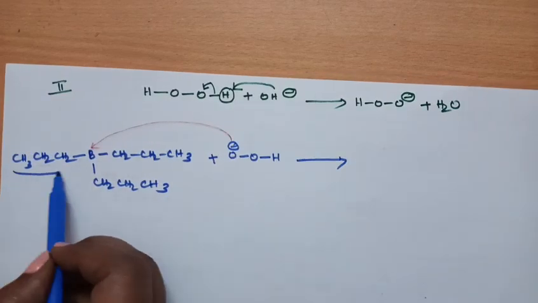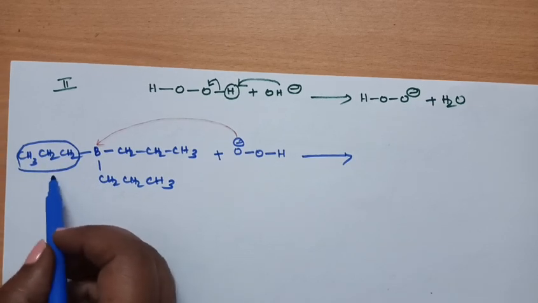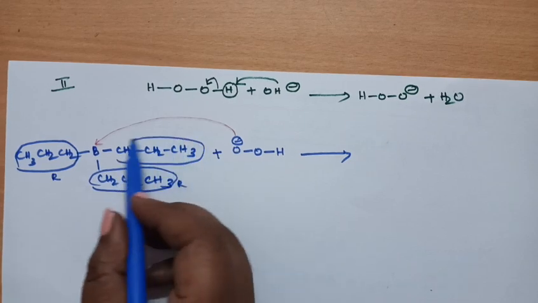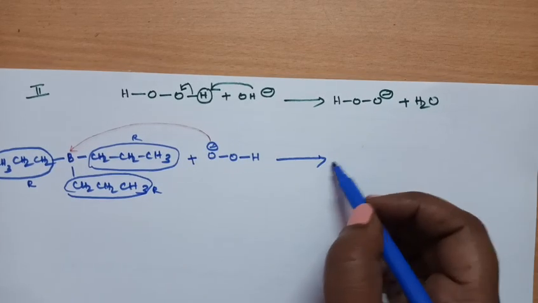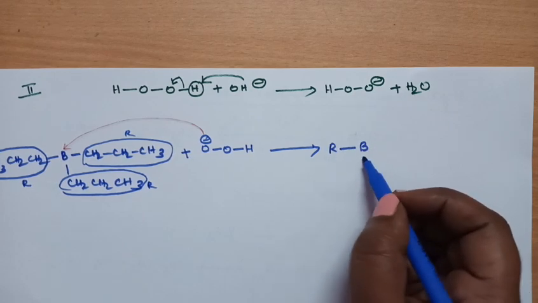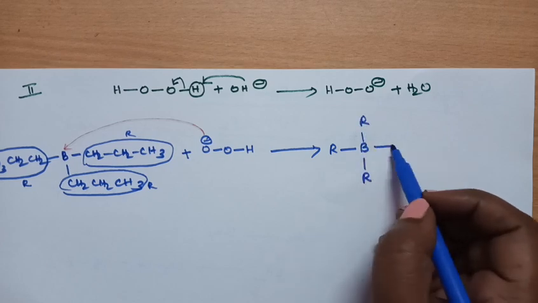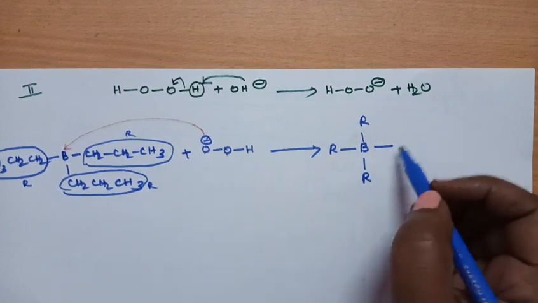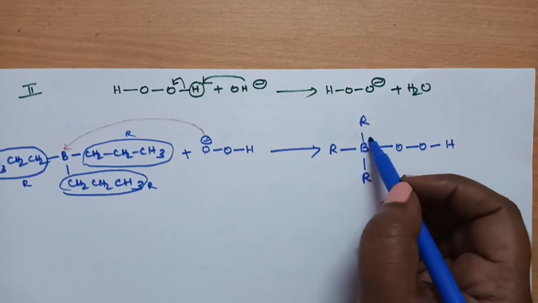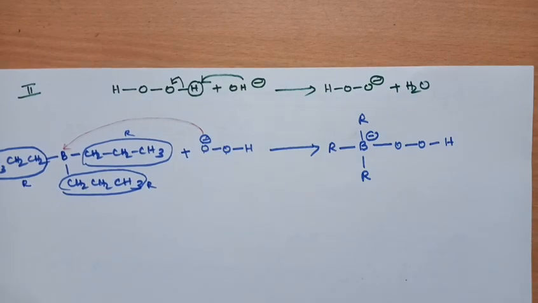Instead of writing all the atoms again and again, I'll take each of these groups as R. So I'll write in the simplest form as R, B, R, R, and then this OOH is attached. And here B will get a negative sign. Why? Because these electrons are donated to B.